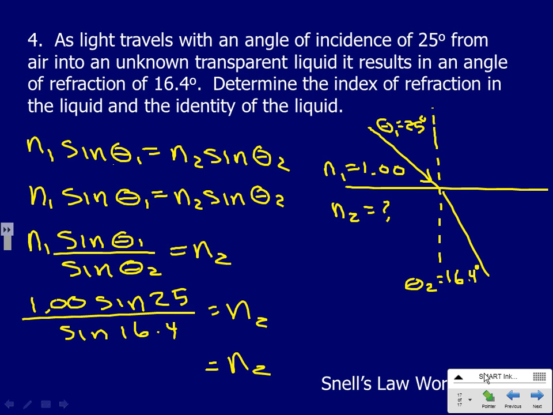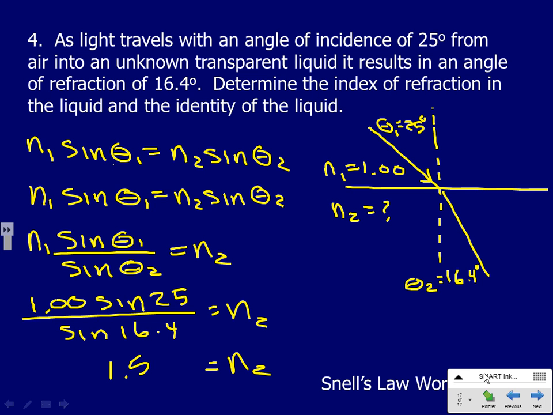I just wanted to point out that when you did this slope, you were doing that calculation. You could put the numbers in and then rearrange. I rearranged the equation so you could see how it's related to our slope. Not a problem. Okay? And what do we get for N2?